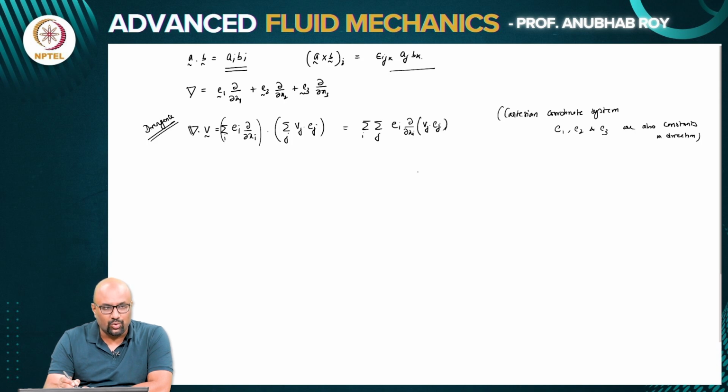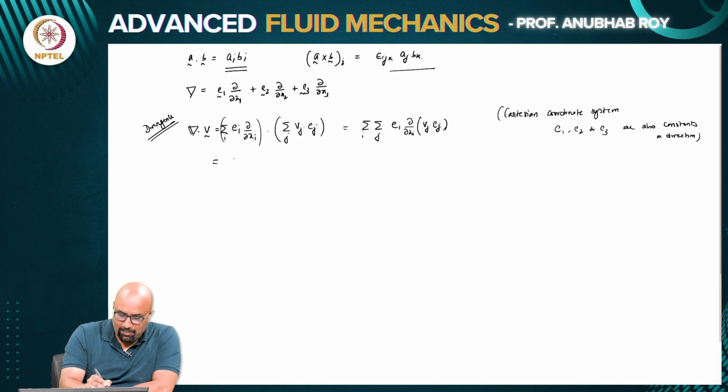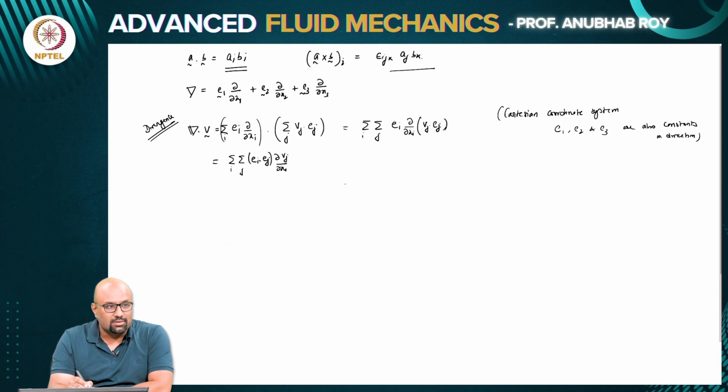The direction of your unit vector along the 1 axis, along the 2 axis, along the 3 axis in Cartesian coordinate system don't change. This is a point that becomes important when you move to a coordinate system that is not Cartesian. If you were to do a curvilinear coordinate system, the unit vector will always be unit length, but it will not be the same direction. So when you are doing the derivative, you have to be a bit careful. But we are restricting ourselves to Cartesian coordinate system here.